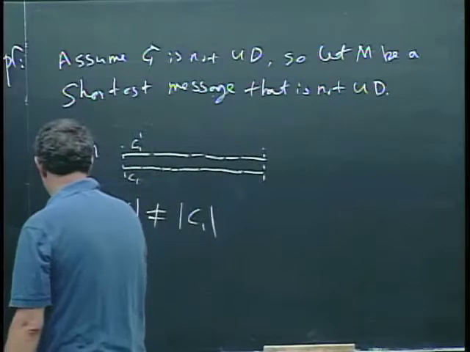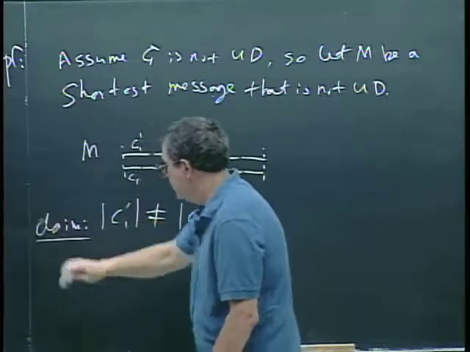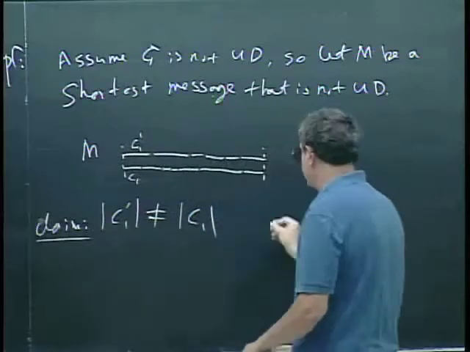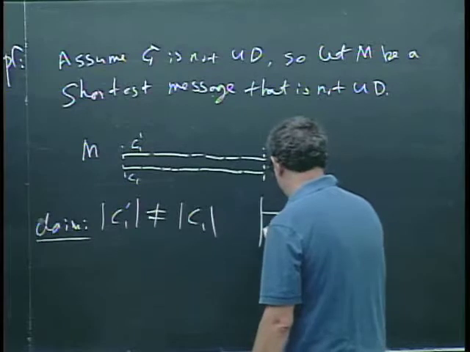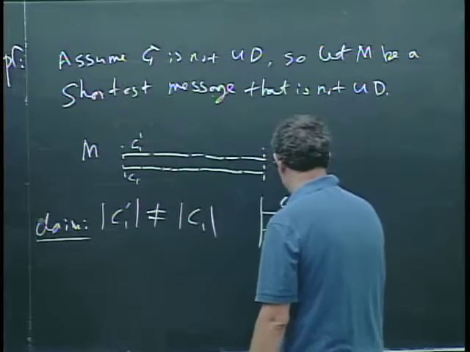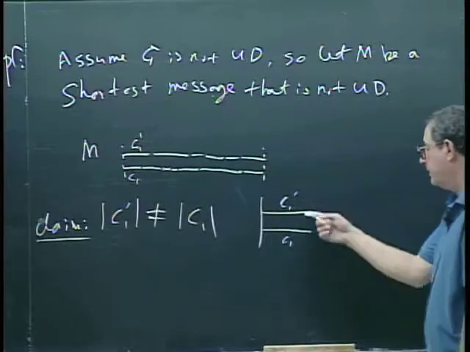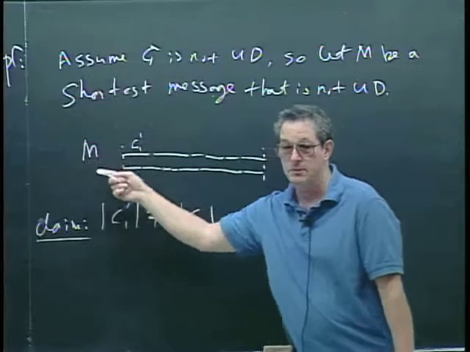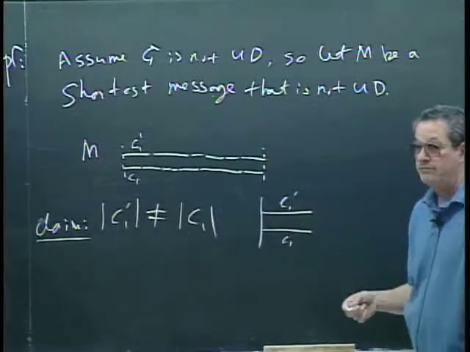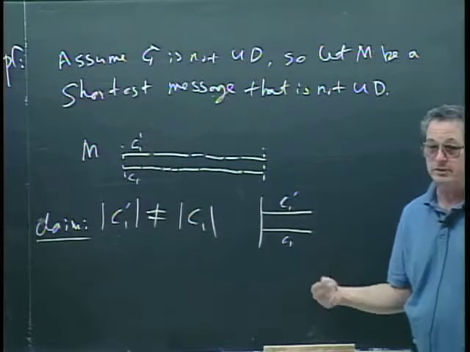Why is that? Because if the two had the same length, here we are at the beginning of the message, C1 prime and C1, then in fact they're equal because both of them are the beginnings of M. You can have two code words of the same length in a code, but they have to be different strings.